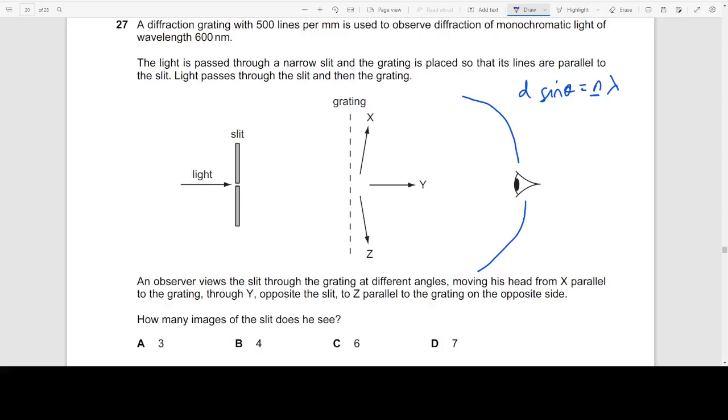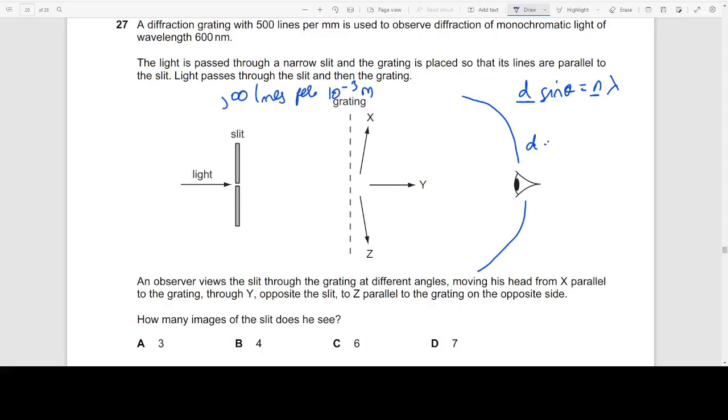Alright, so first we need to find d. We know there are 500 lines per millimeter, which means per 10 raised to minus 3 meters.